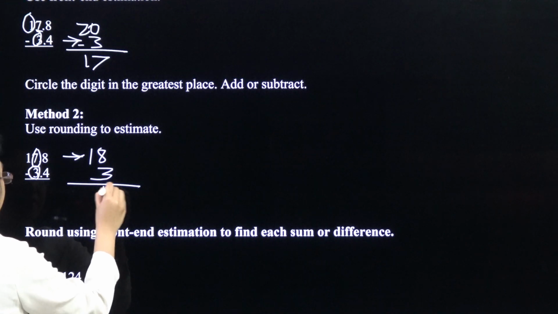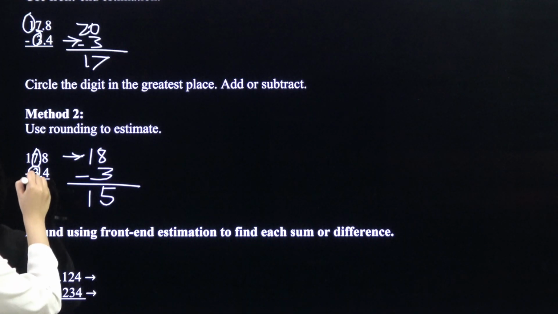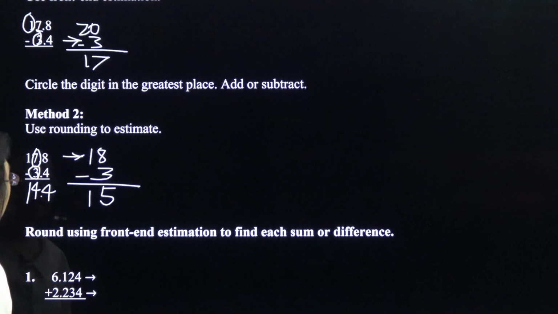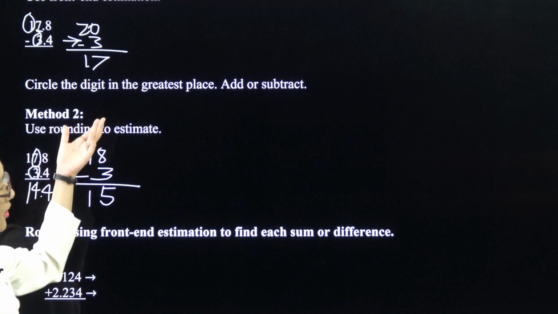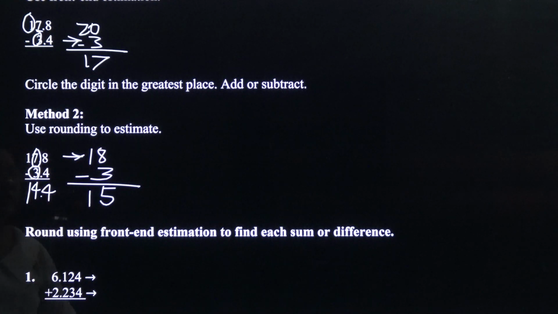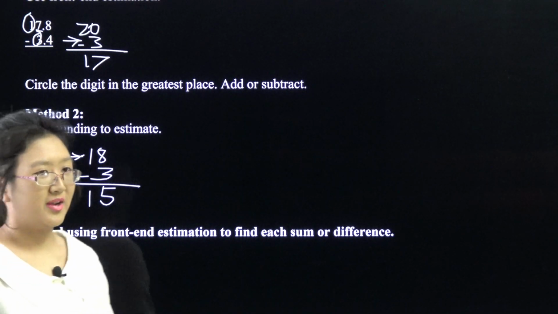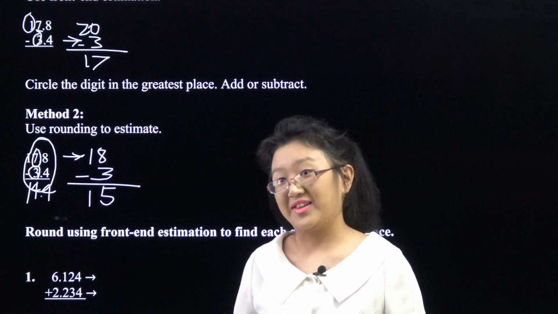So that would be 15. Now what's the exact answer? Well, the exact answer is 14.4. Now 15 is closer to 14.4 than, well, 17. So usually you would want to go with, well, not front-end estimation, because there's a higher threshold for messing everything up.